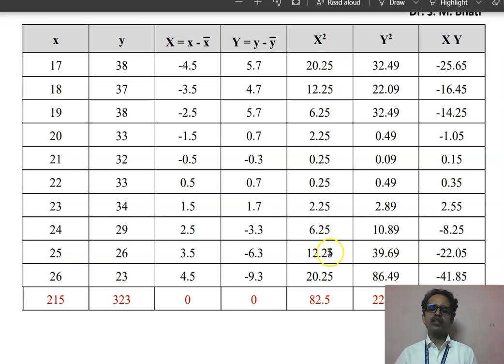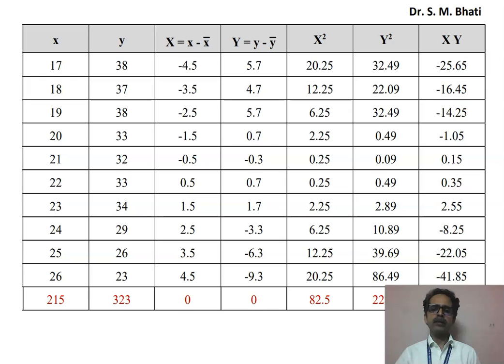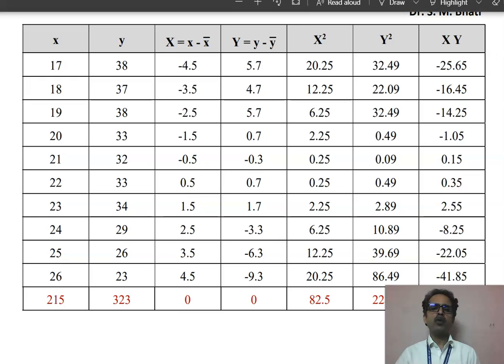We have to calculate summation capital X square, summation capital Y square, and add all capital X into capital Y values, and that summation stands for summation capital X into capital Y. Using these values we can calculate the value of r, that is the coefficient of correlation.